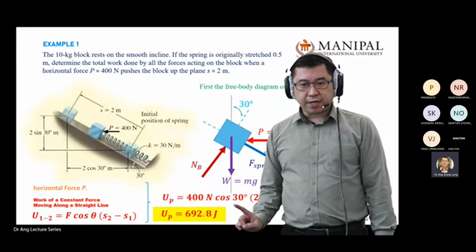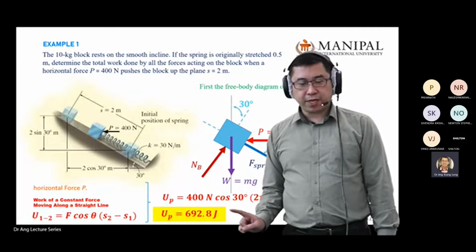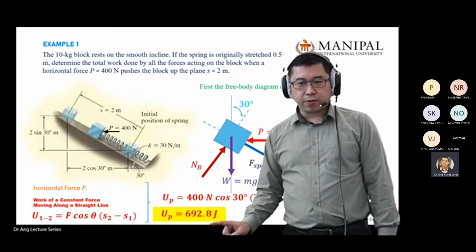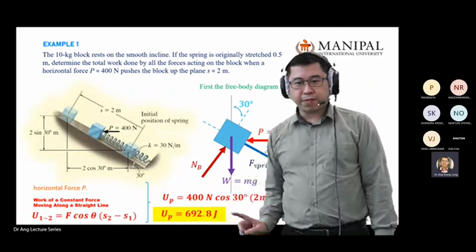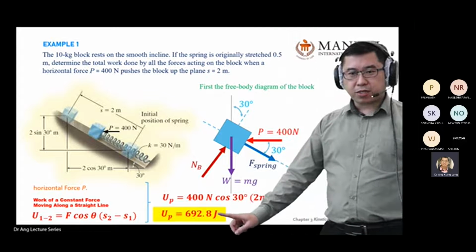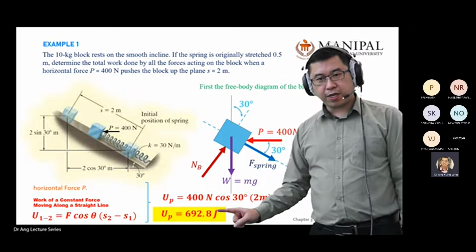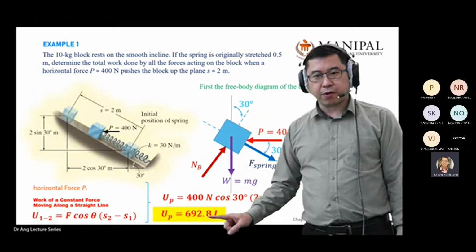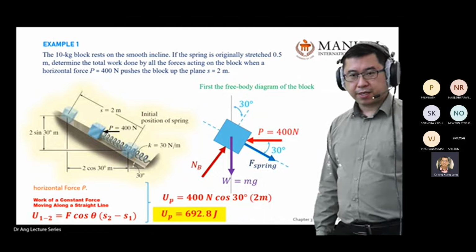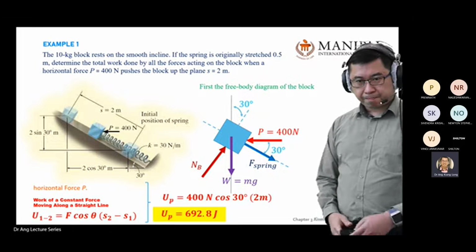Reminder: an answer without unit in the exam will get a 50% discount from the full mark. Meaning if the answer is 2 marks and you forget to put in the unit, you only get 1 point for the answer. Take note of that.